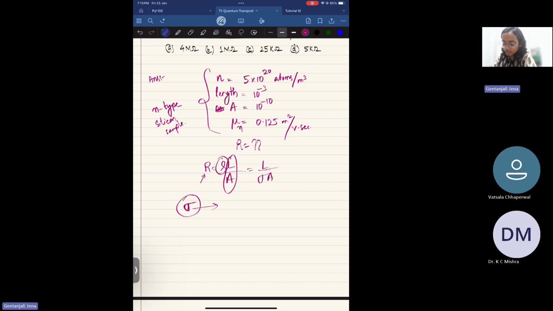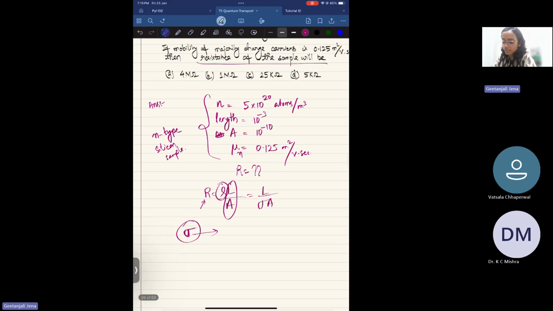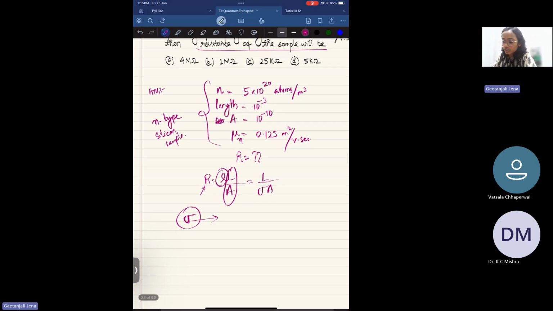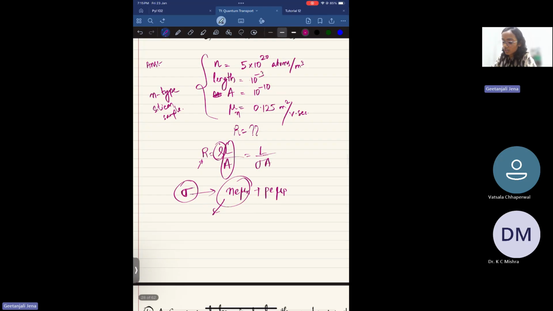This is an n-doped semiconductor, so it is a single carrier. In semiconductor physics, we typically write sigma as n e mu n plus p e mu p whenever you have both hole and electron. But when you have a single type, we can consider only this. So this is n-doped, so sigma is n e mu n.